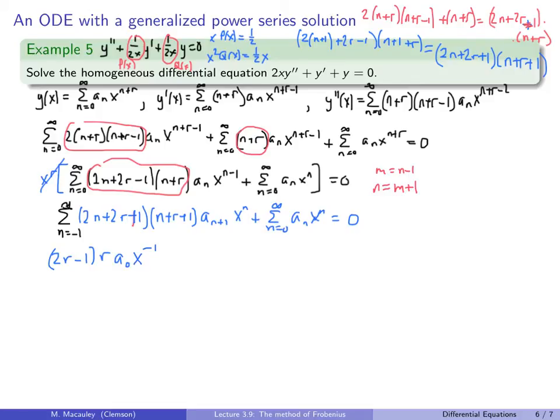Now, once I've picked off this n equals negative 1 term, I can add these two sums together. And now I get the sum from n equals 0 to infinity of this plus that.